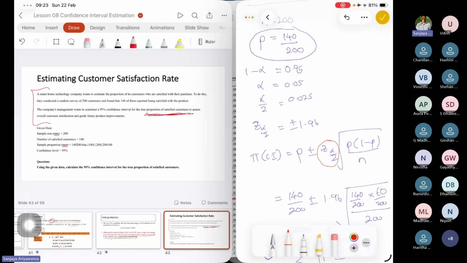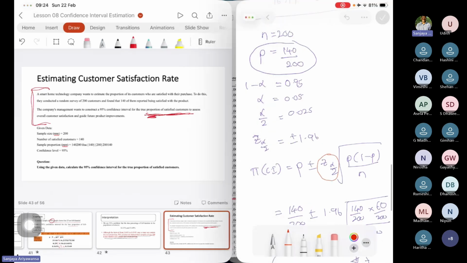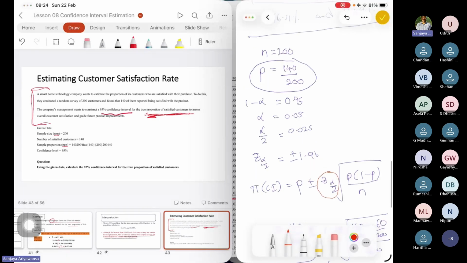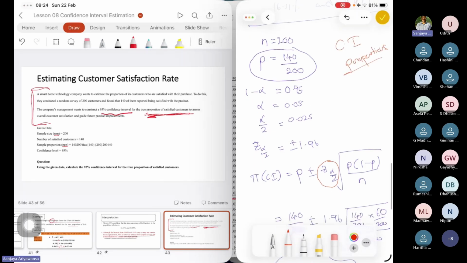So when you read the question, first and foremost, you need to understand what it is asking. It's asking for proportions, right? Then on proportions, what are they asking? Confidence intervals, right? So confidence interval on proportions.